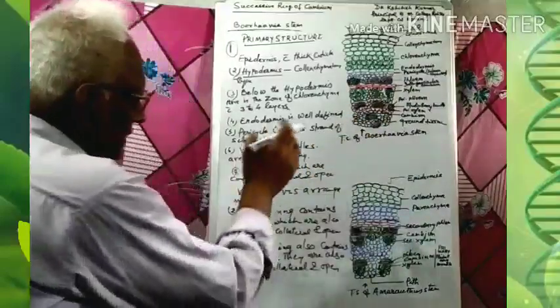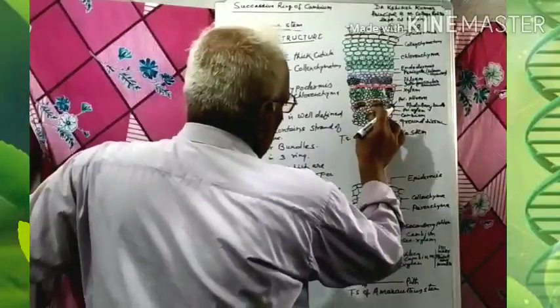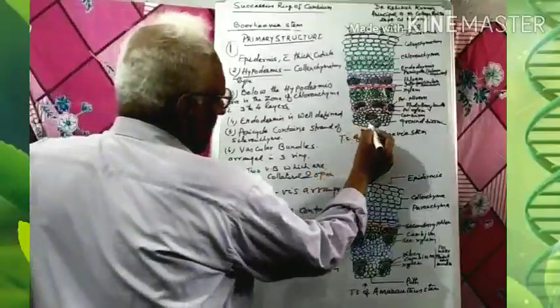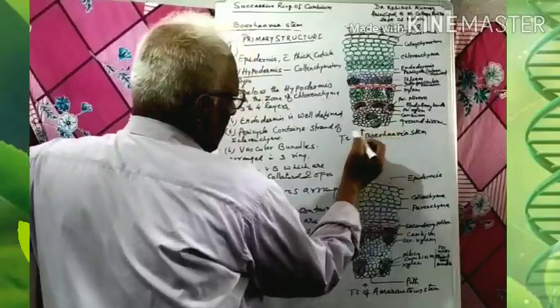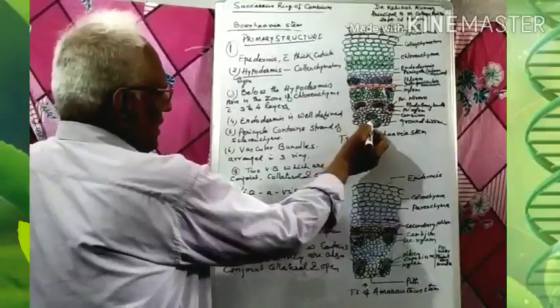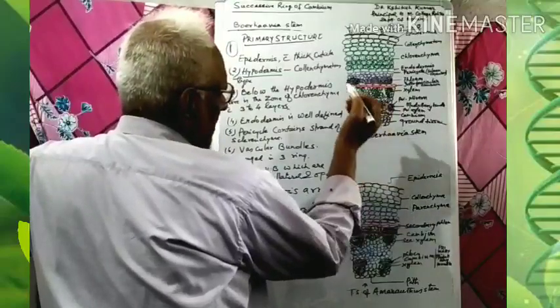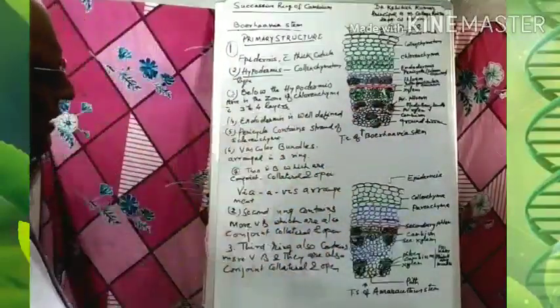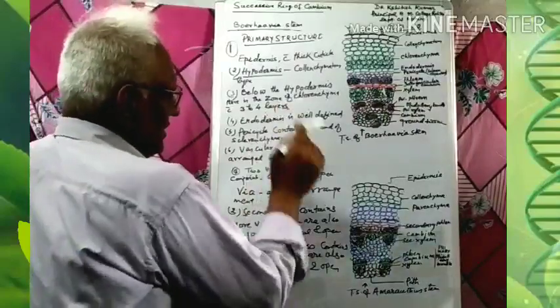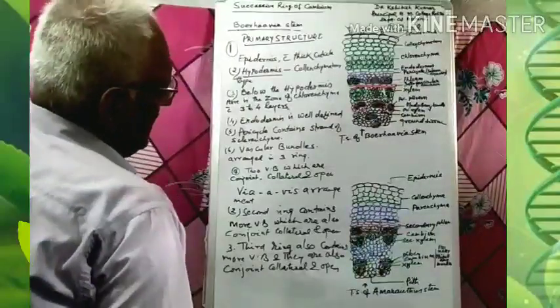But here the interfascicular cambium is not produced. The intrafascicular cambium starts to cut secondary tissue, phloem outward and xylem inward, but the interfascicular cambium is not produced.